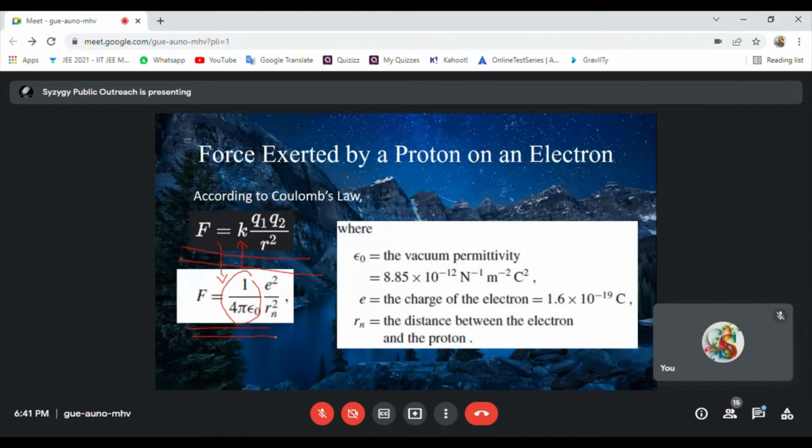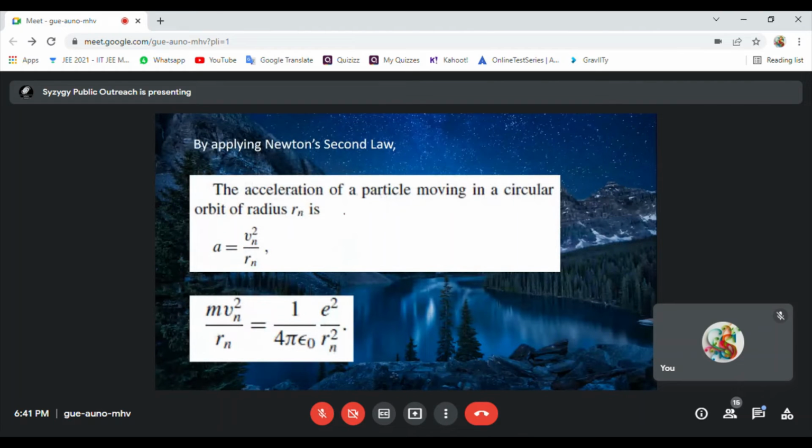Then we apply Newton's second law. We are deriving each equation which we will require for finding the energy of that electron. This is the third equation we will need: the relationship for the acceleration of a particle moving in a circular motion with radius Rn.